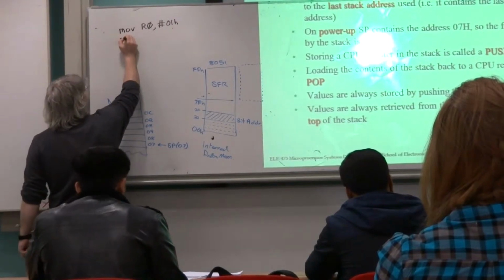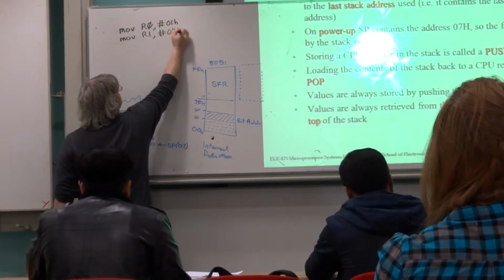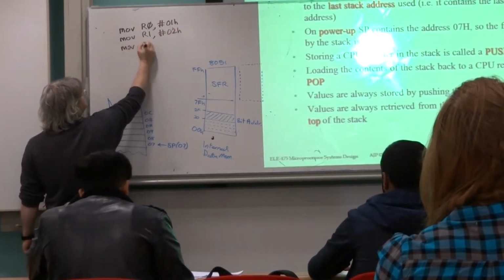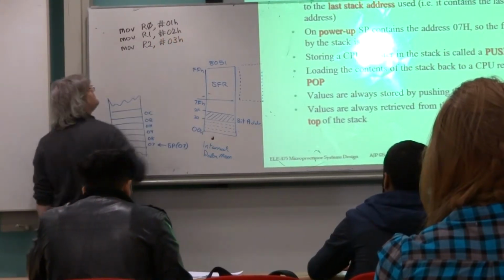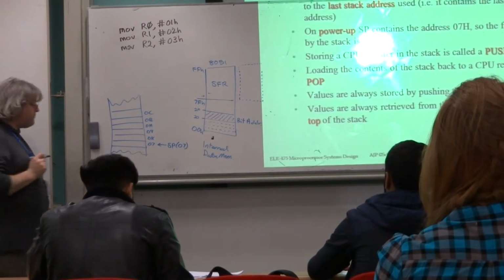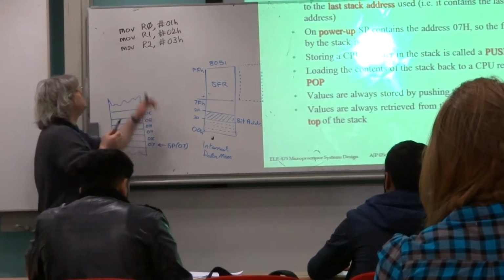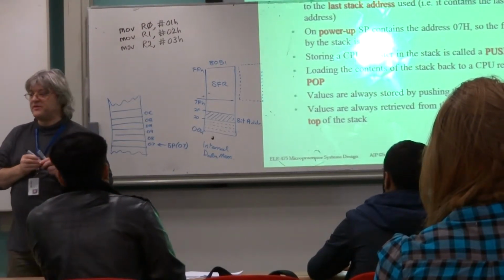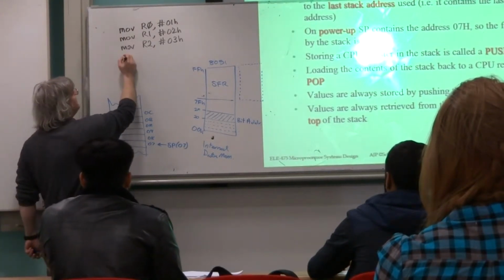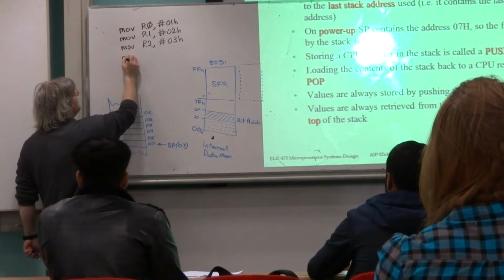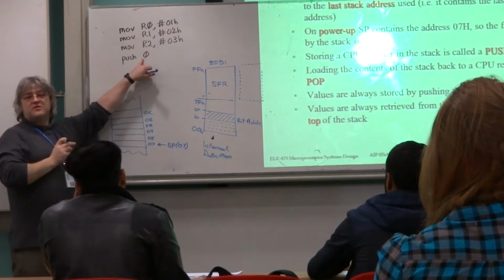Another instruction. Move into R1 immediately, 02 hex. Move into R2 immediately, 03 hex. So at that point in time, these locations 00, 01, 02 will actually contain those values. I'm not really bothered about that. Now let's consider what would happen if I was to write this. Push 0. Now, you might say, why is it not push R0?